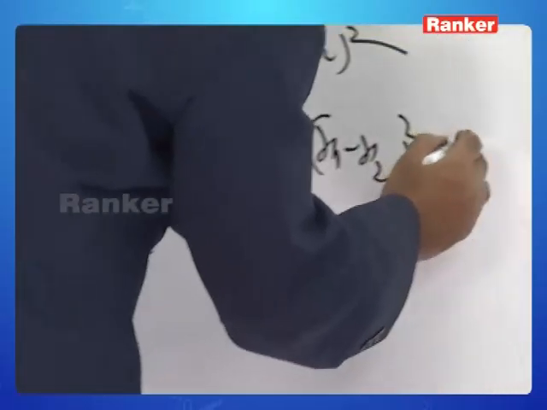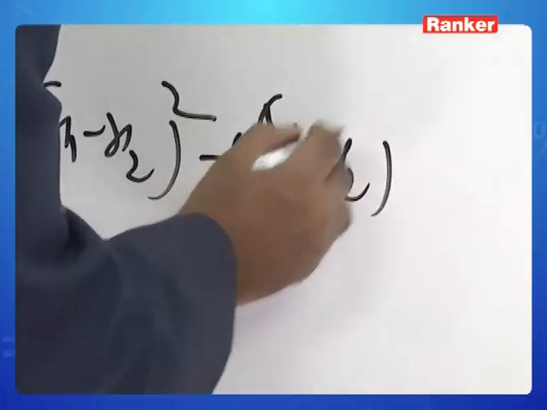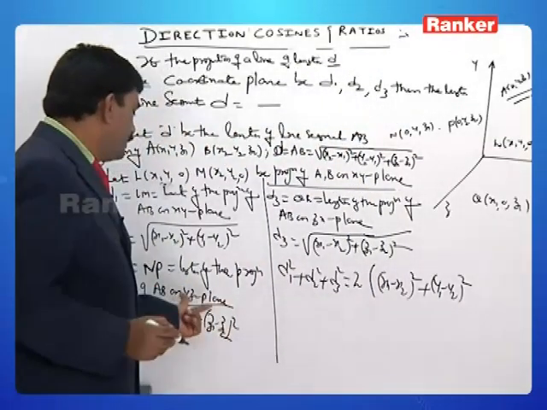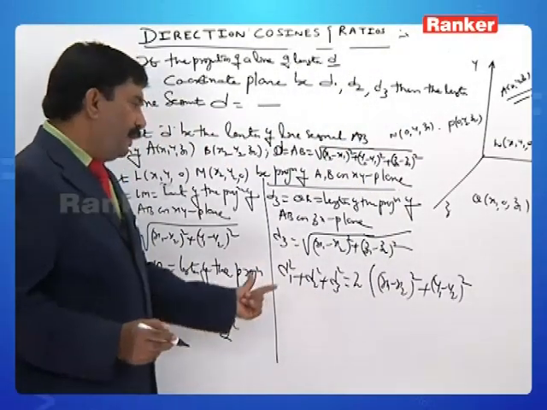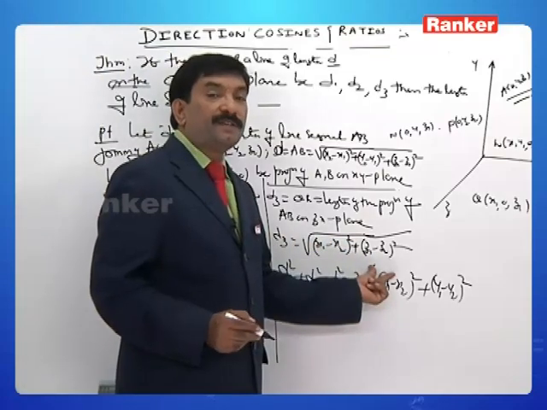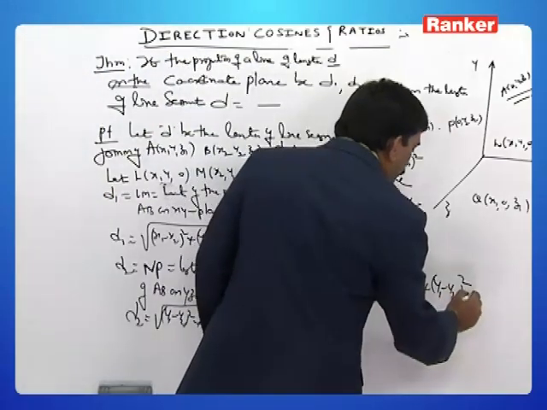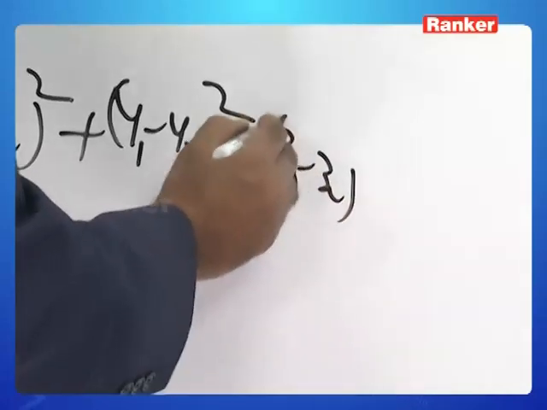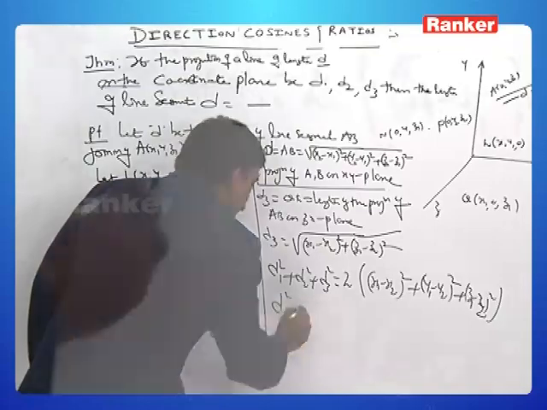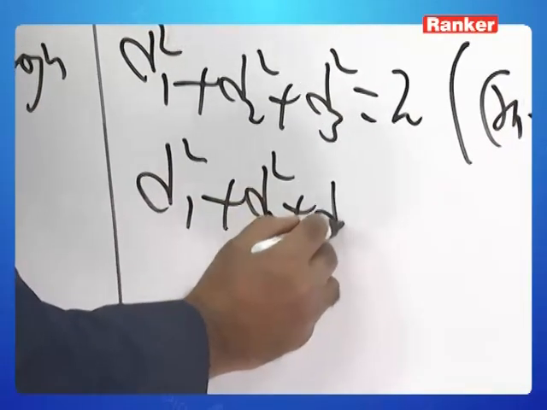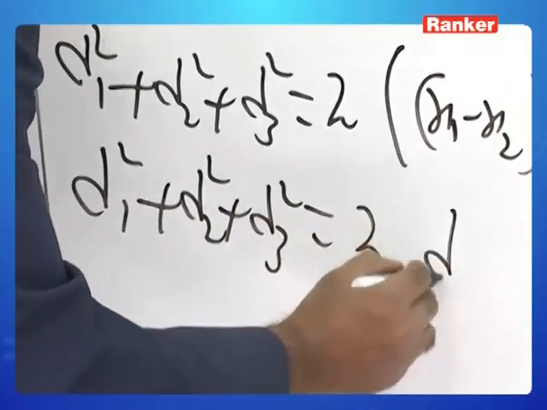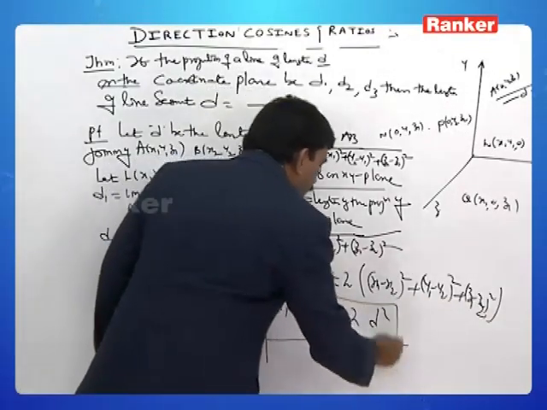And z1 minus z2 whole square also appears twice. So d1 square plus d2 square plus d3 square is twice d square.